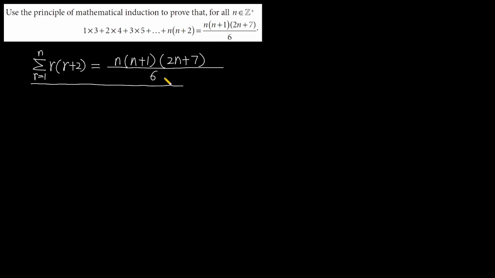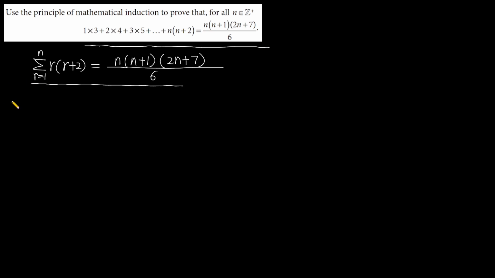This statement can be written as the sum from r equals 1 to n of r(r + 2) equals n(n + 1)(2n + 7) over 6. So this is just another form of the statement.